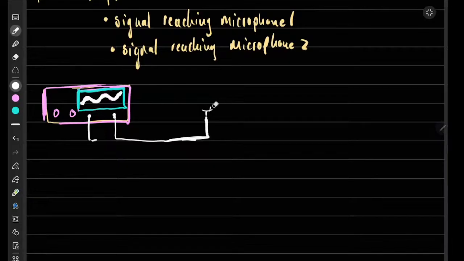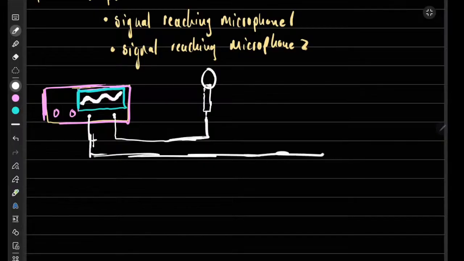I don't even know how to draw a microphone. Second mic. You should know this separation, the distance between the two mics. Sorry, I'm bad at art, everybody. You forgive me.